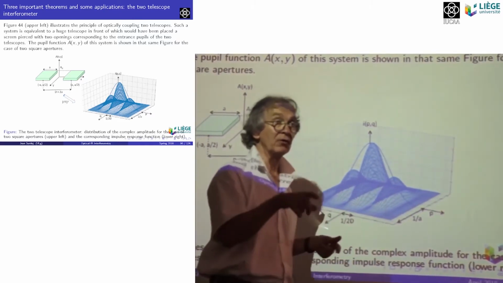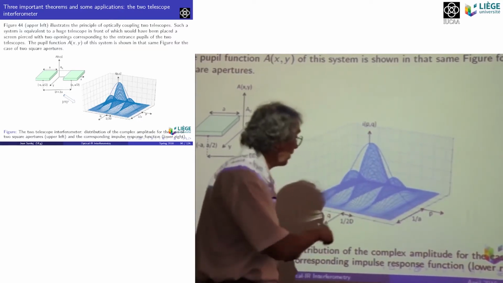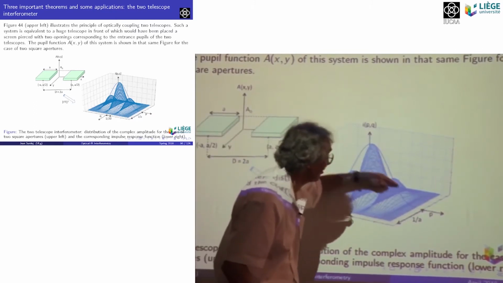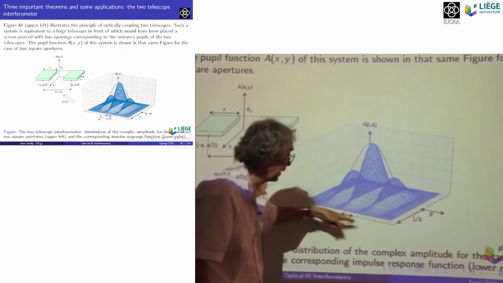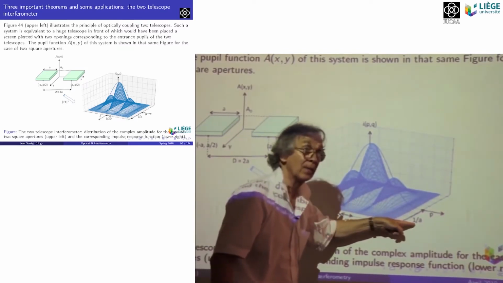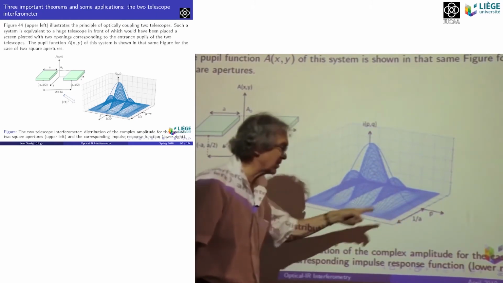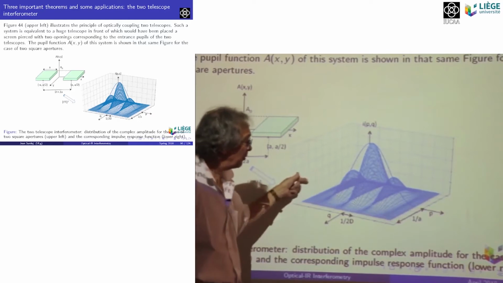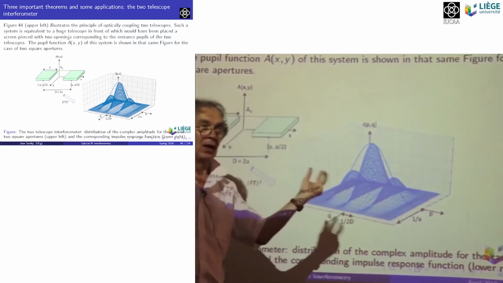So you improve the angular resolution along that direction. Now, along the Q direction, you see that there is no improvement at all. The first 0 occurs here at the value of 1 over A. But D is bigger than A because it's twice the value of A.